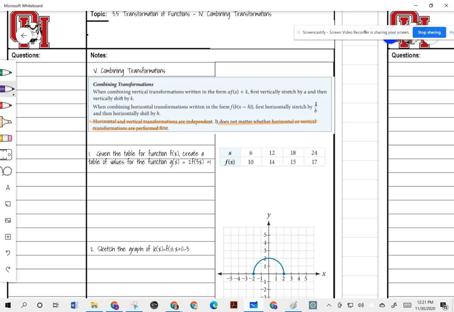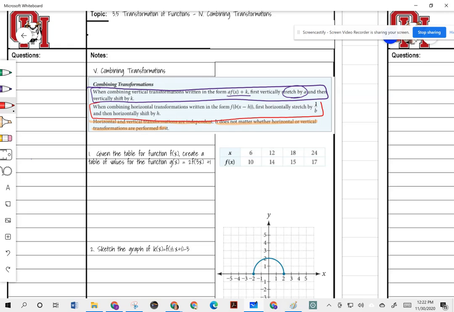However, whenever you do vertical transformations, the order in which you do them is important. So first we need to make sure it's written in the proper form, and then you have to stretch or compress by A, and then vertically shift by K. So that's very specific, as well as when we perform the horizontal transformations, it has to be in this form.